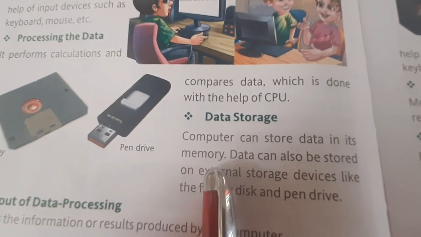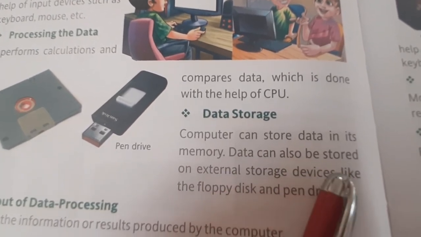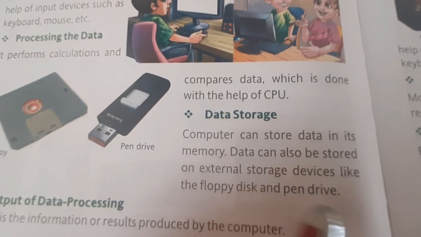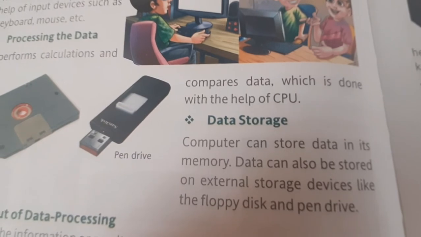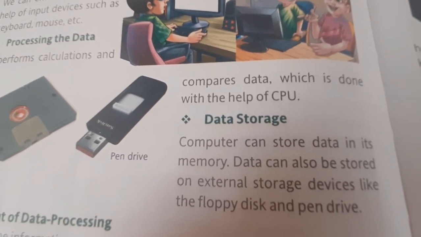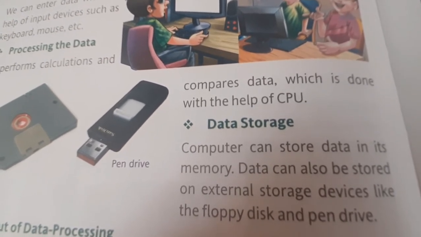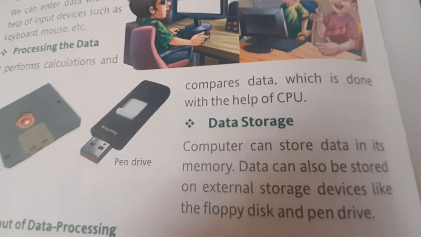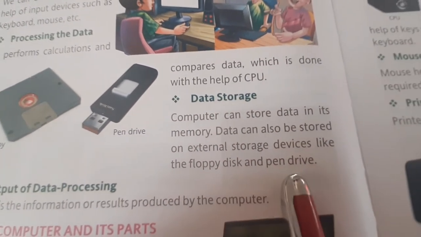Data storage. Computer can store data in its memory. Data can also be stored on external storage devices like the floppy disk and pen drive. Means computer has the ability to store the data in itself also, and we can use other storage devices if we want to take the information or the data from one place to another. We can store in the other devices also, like floppy disk or pen drive.